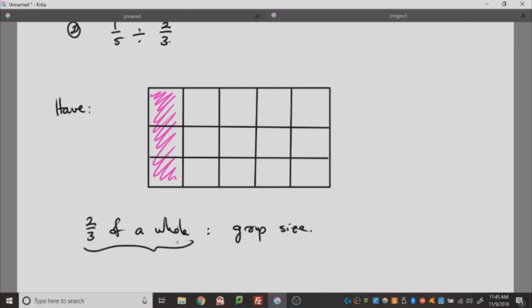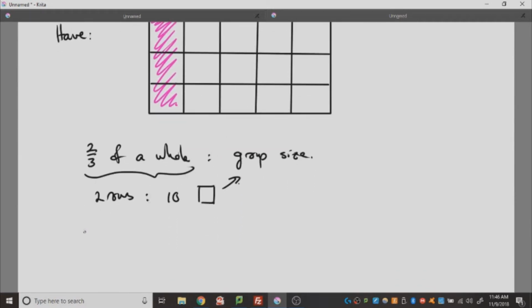So 2/3 will be 2 rows, and that'll have a total of 1, 2, 3, 4, 5, so 10 little squares. That's my group size. So just because I don't have enough originally doesn't mean I can't try and fit it in. But because I have so few pink ones, I can't fit it in even one whole time. I can only fit in a fraction of the group size.